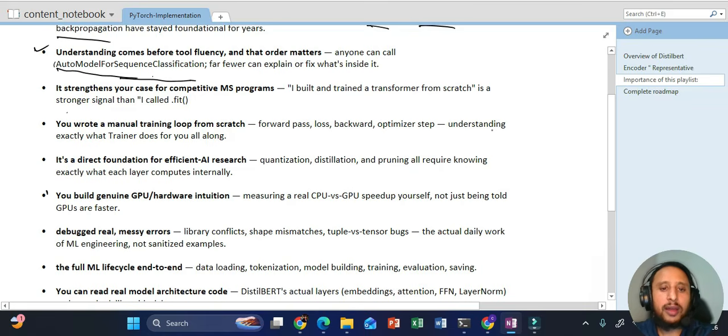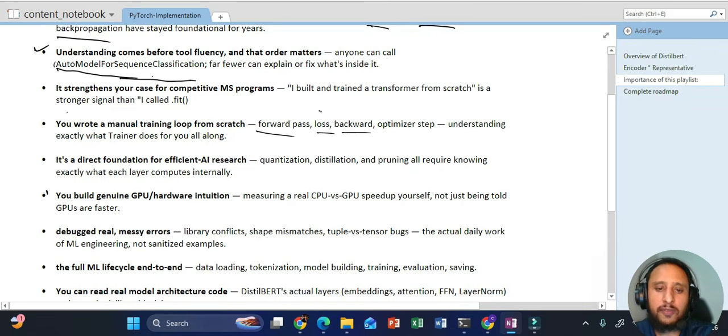Writing the complete training loop from scratch is one of the most important parts of this playlist, I would say, because you will understand how data flows in neural networks. First of all, it starts with the forward pass, then we calculate the loss on the basis of logits and probabilities.